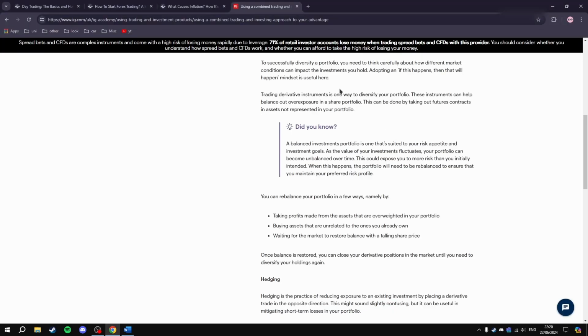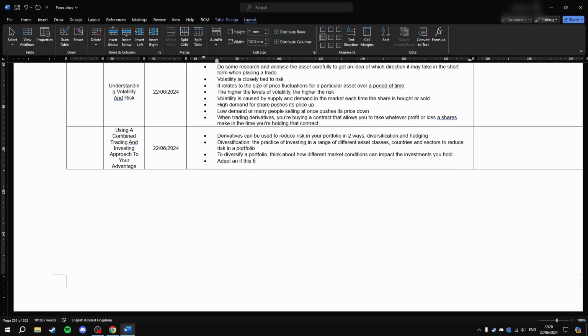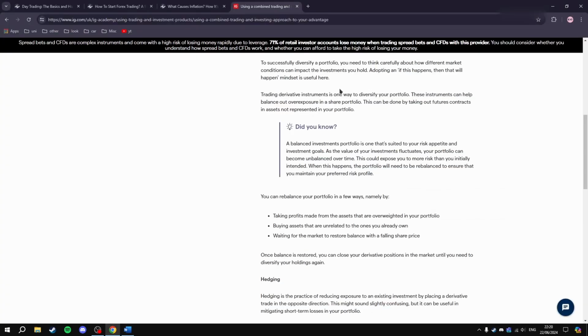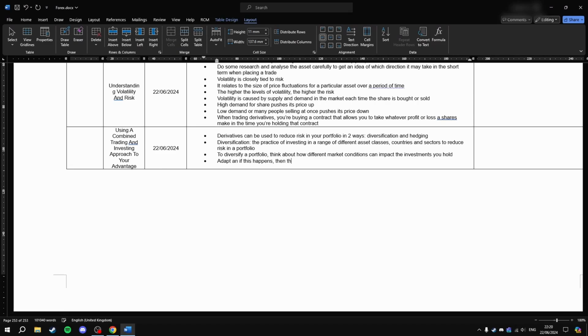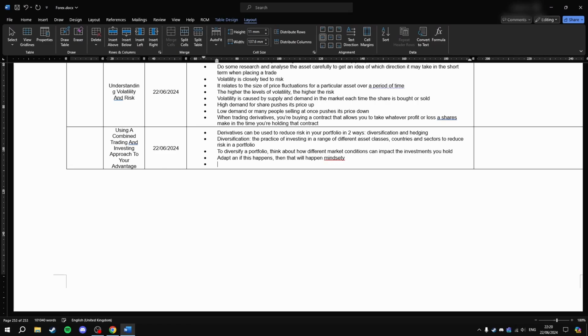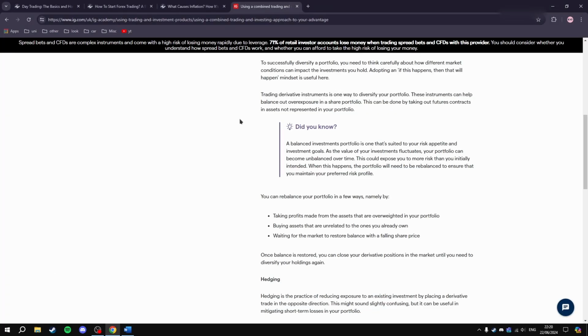Adopt an "if this happens, then that will happen" mindset. So like a cause and effect mindset then.